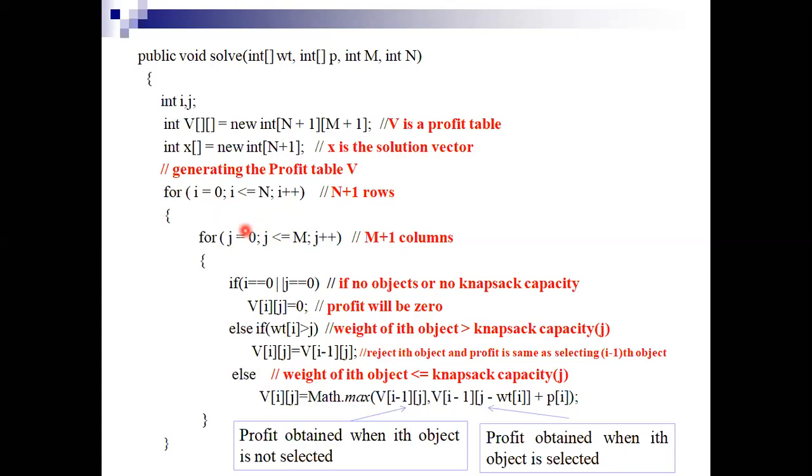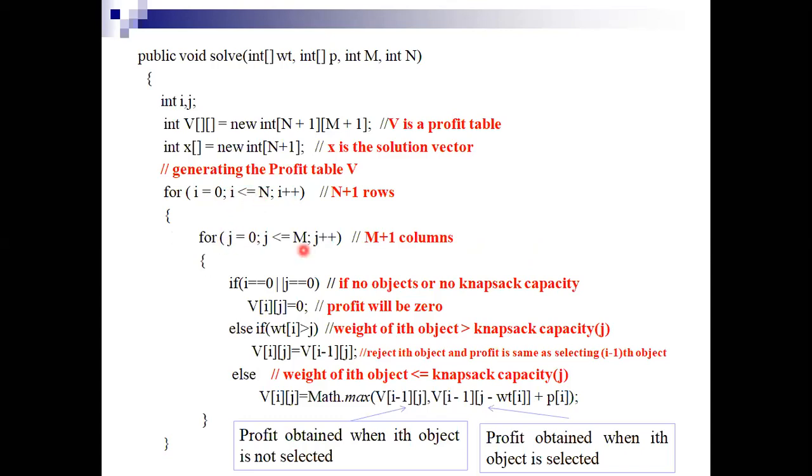J is 0, 1, 2, 3 till m. So for i equals 0, i less than or equal to n, i plus plus. Very important. If you put less than n, your last row will be gone. It will not compute, so your answer will be wrong. It should be less than or equal to n.